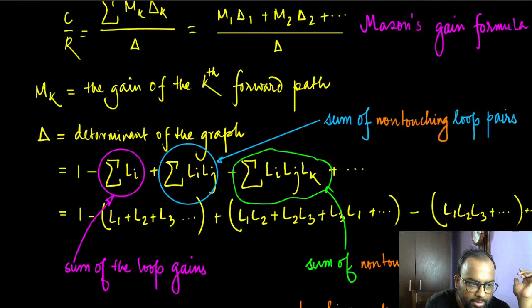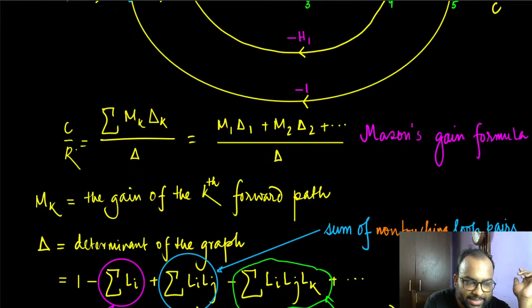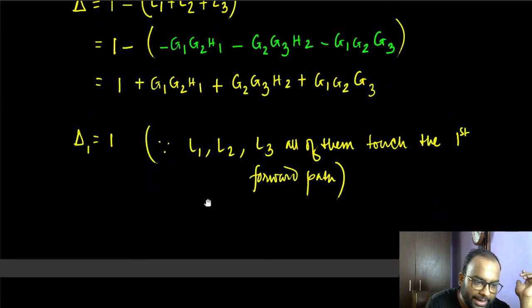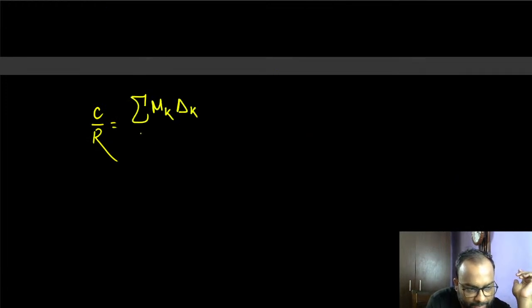Now it says that the transfer function, the whole transfer function C by R, is the summation of mk delta k by delta.